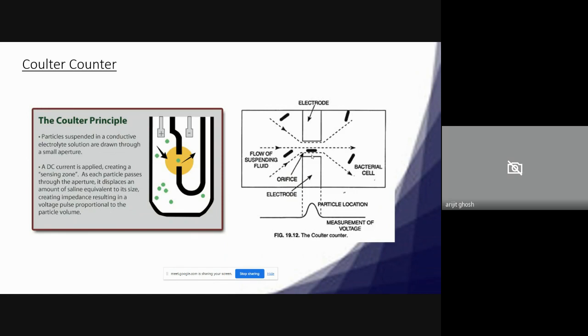When a DC current is applied, the particle passes through the aperture and displaces an amount of saline equivalent to its size, which creates an impedance that results in a voltage pulse proportional to the particle's volume. By this application, the number of cells in a suspension can be counted.